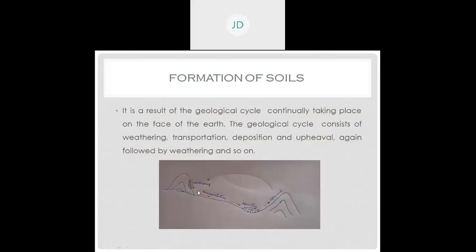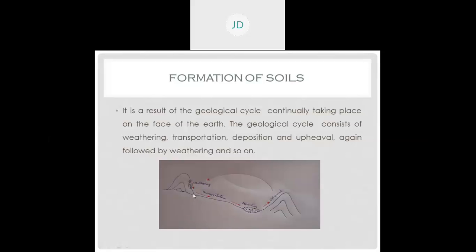Even water also, because of the rainy season, due to the force of water, the rock particles may travel. Then glacier, which means in a very cold area, ice can also carry rock or salt particles from one place to another. And the fourth one is gravity.